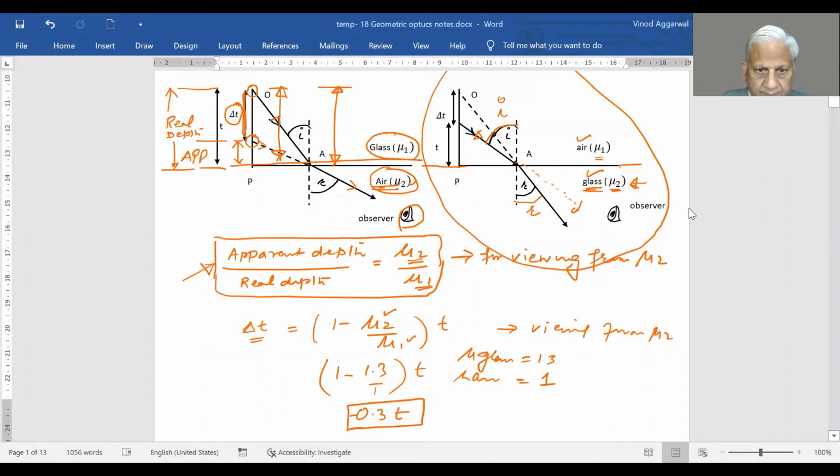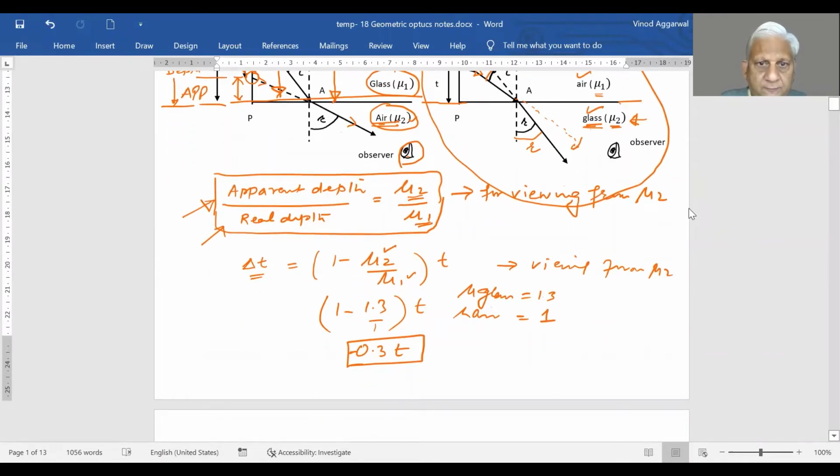This will be minus. Now, if we come back to this equation here, if we are always viewing from mu2, and the medium from where we are viewing has a refractive index less than the one where the object is, then apparent over real will be less than 1, because this is less than this, which implies that apparent depth is less than real depth.